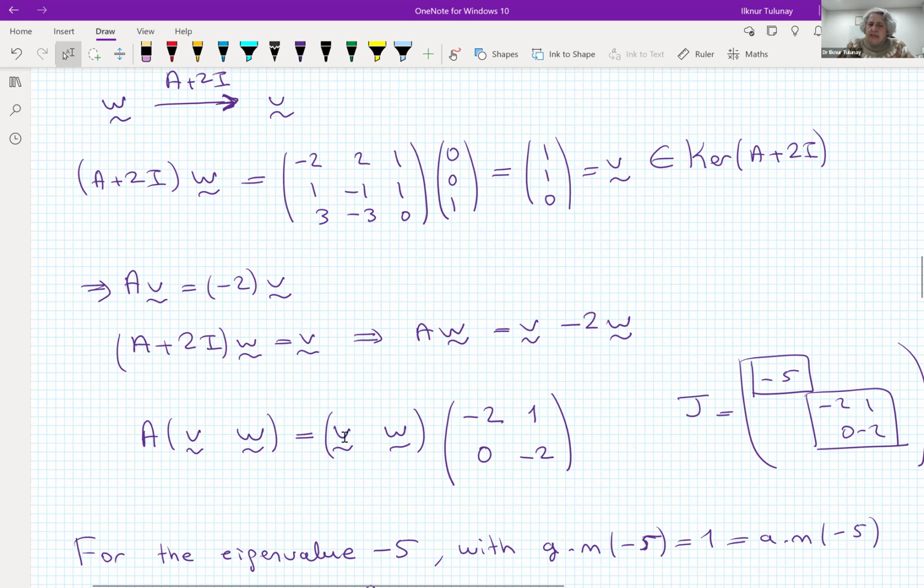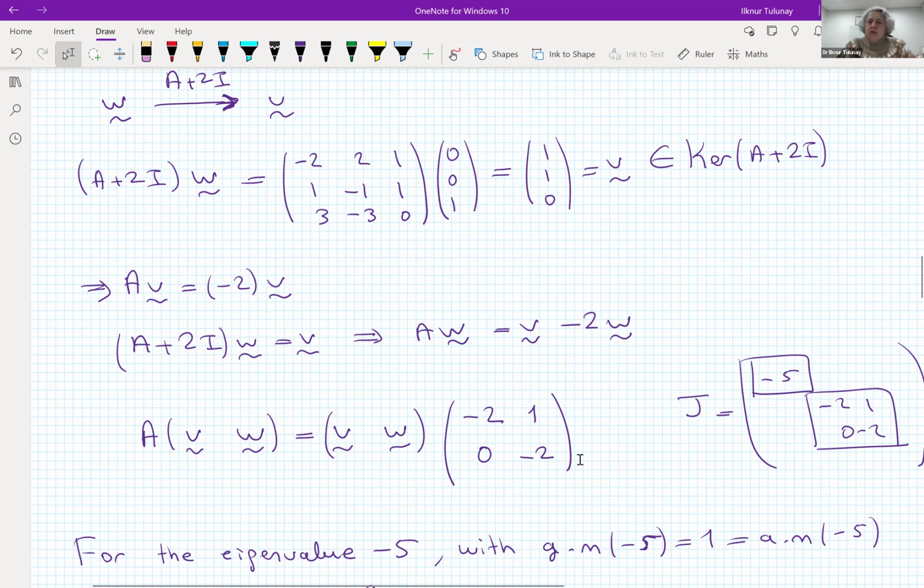Matrix multiplication says that this times this gives minus 2V, which is this equation. Then for AW, this row with this column gives V minus 2W. This times this gives you the right-hand side, which is AW, and coincides with that. So this equation is satisfied. This equation holds because we have this one and we have this one. So these two equations hold if and only if we have this matrix equation.